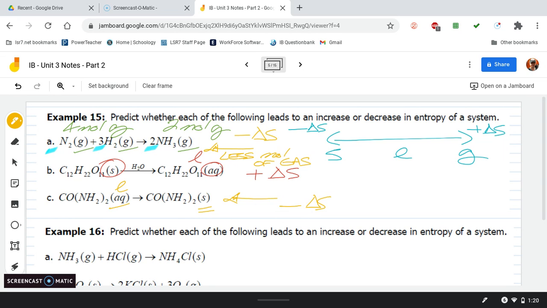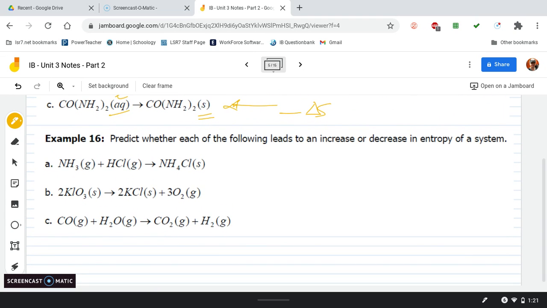Okay. All right. Let's see how you did on 16. Same general idea. I mean, these don't really change much. You just look at states of matter. But there was one that was a little tricky here, so let's see how you did. Okie doke.